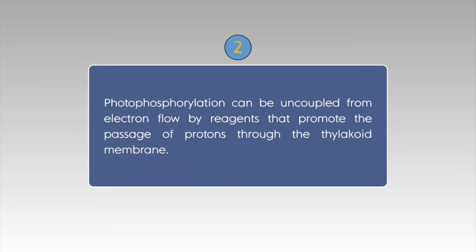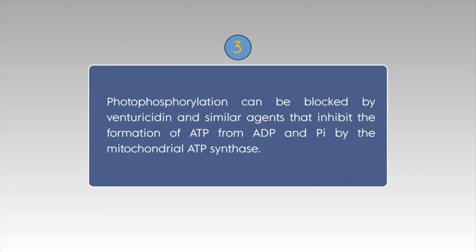Photophosphorylation can be uncoupled from electron flow by reagents that promote the passage of protons through the thylakoid membrane. Number 3. Photophosphorylation can be blocked by agents like venturicidin that inhibit the formation of ATP from ADP and inorganic phosphate by the ATP synthase.